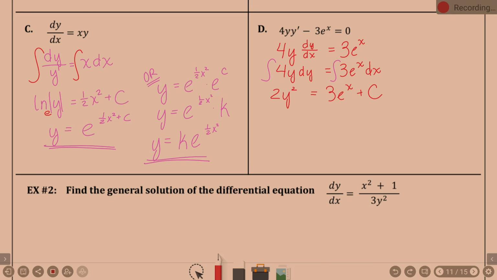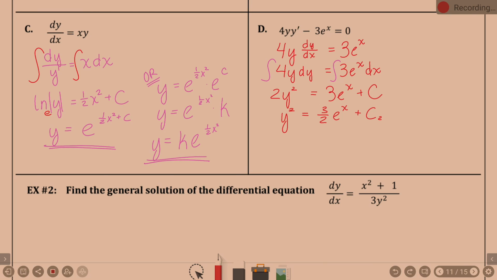In this case, we're solving for y. Divide by 2, so y squared is 3/2 e to the x. And then you could think of this, I have this in my notes as a C2 at this point. Again, I have also seen where people just keep the C constant, so I'm not going to be too picky there.